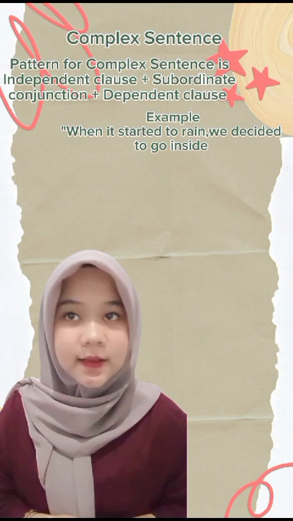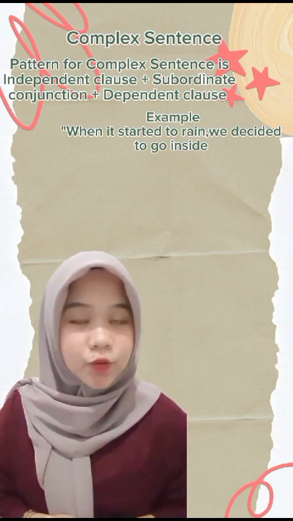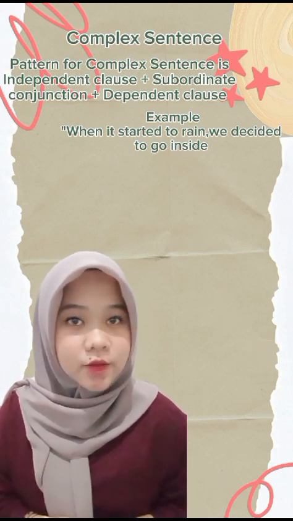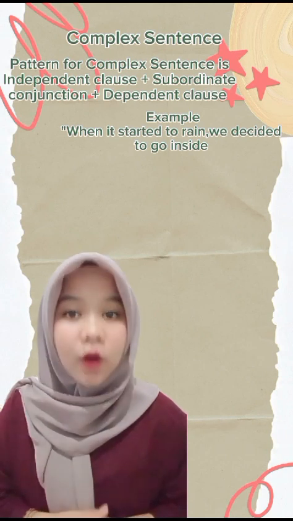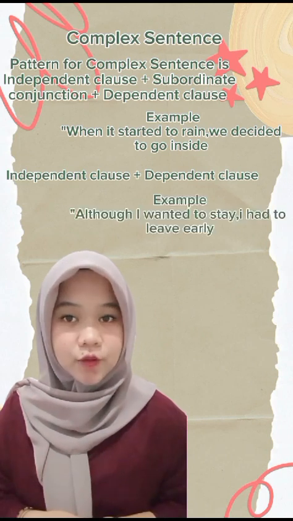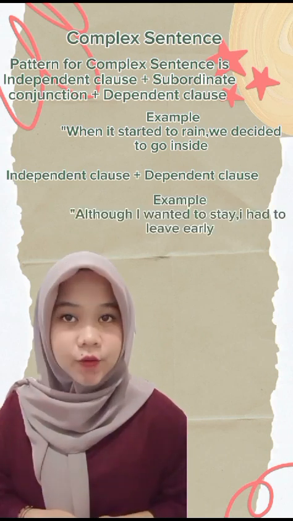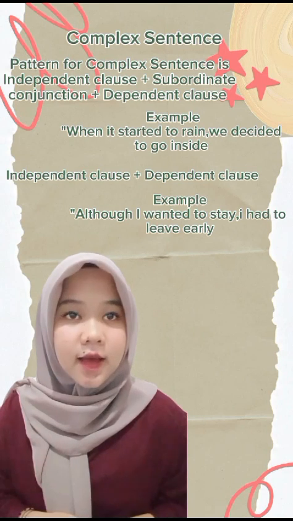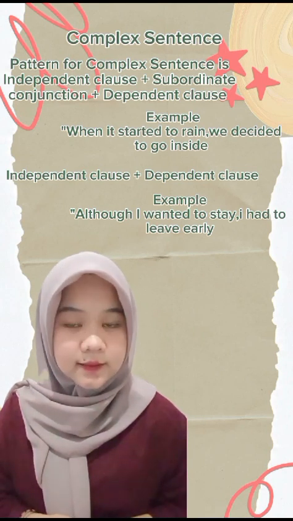For example, when it started to rain, we decided to go inside. Or dependent clause plus independent clause. For example, although I wanted to stay, I had to leave early.